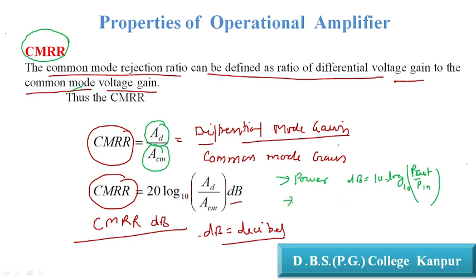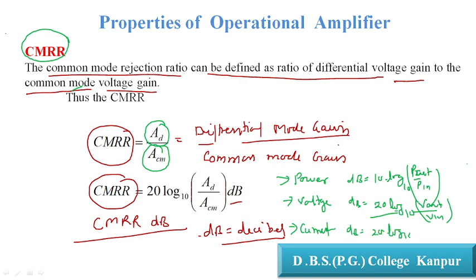If it is voltage, then dB becomes 20 log base 10 of V out upon V in. If we are taking current, dB becomes 20 log base 10 of I out upon I in.